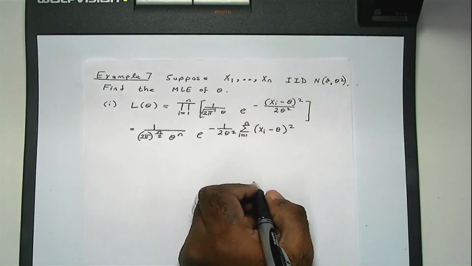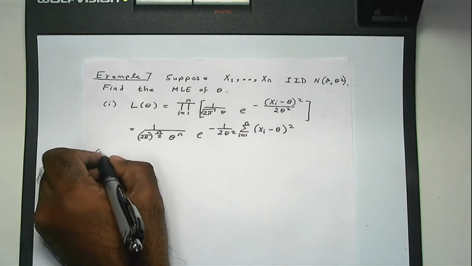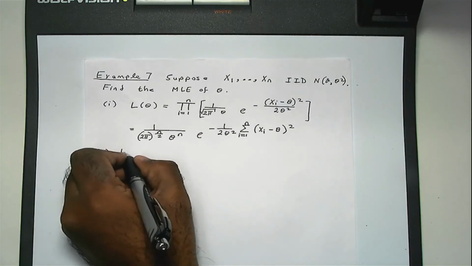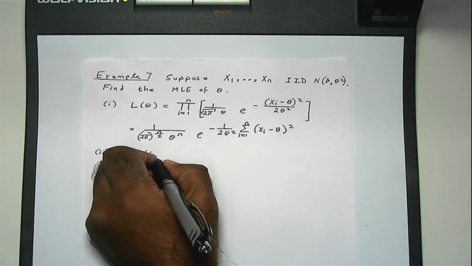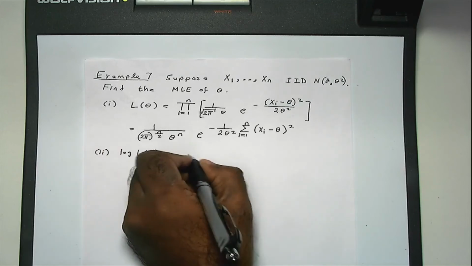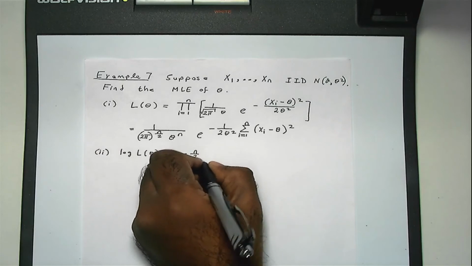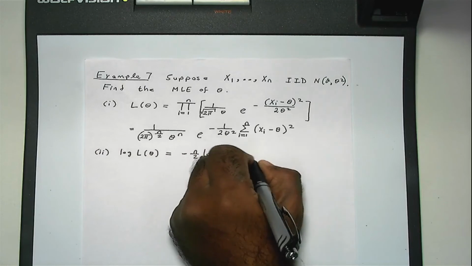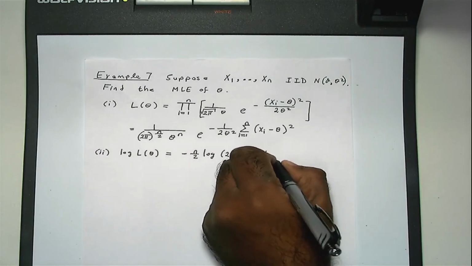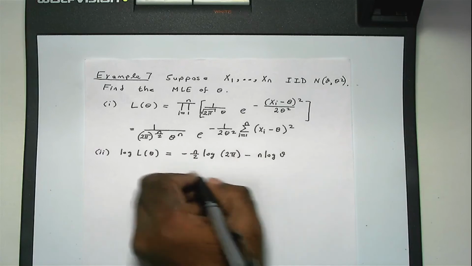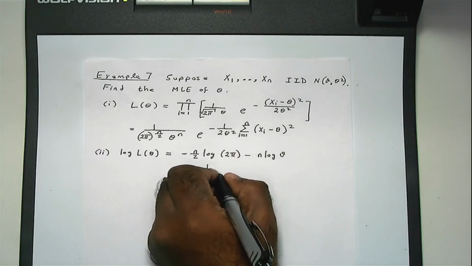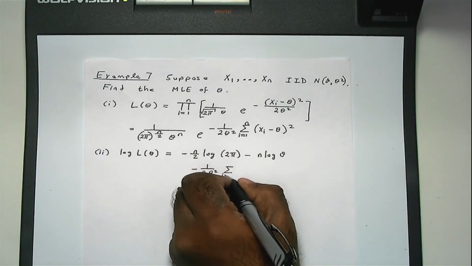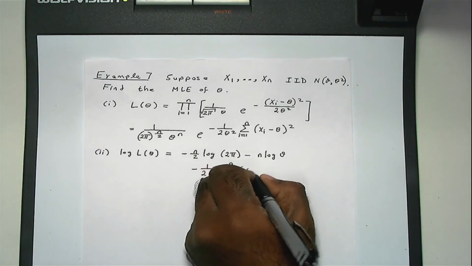Okay, and step 2 is to take the log of this. So it becomes minus n over 2 minus n log theta minus 1 over 2 theta squared times the sum of xi minus theta, squared.